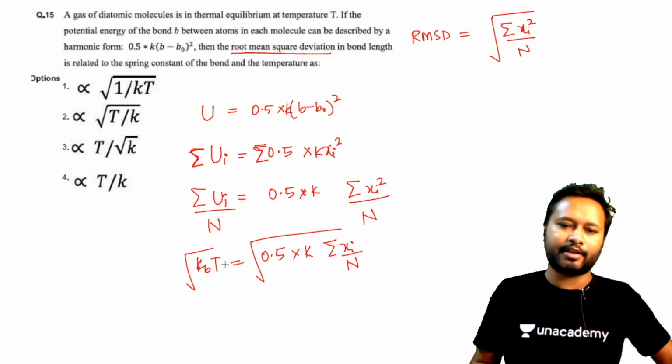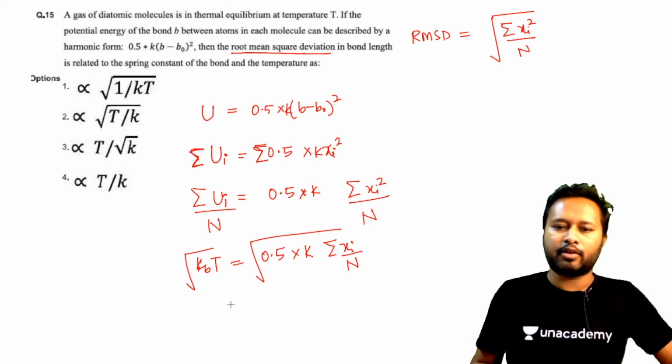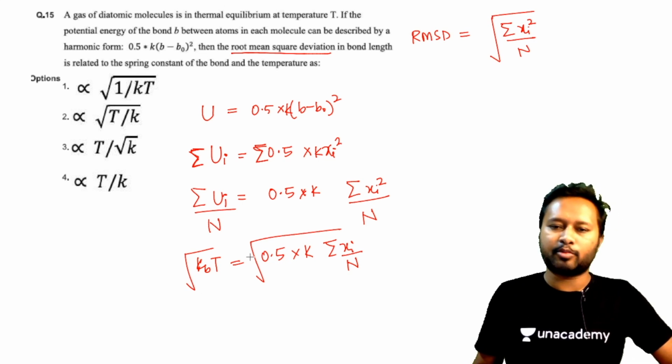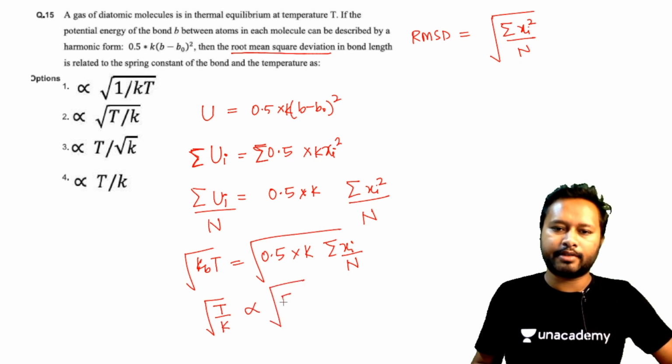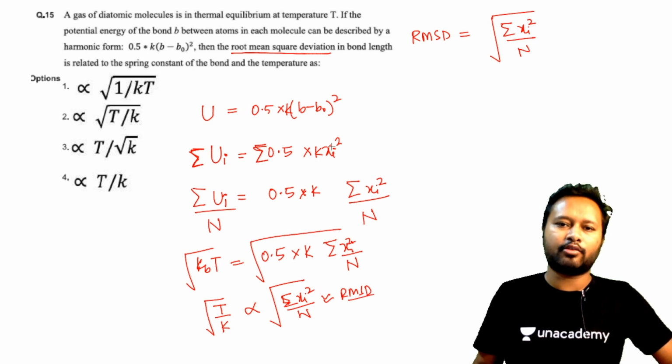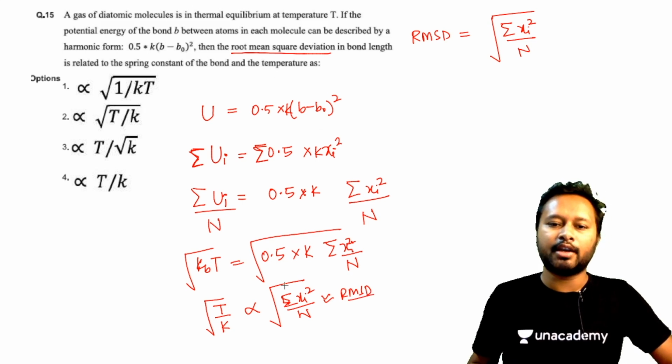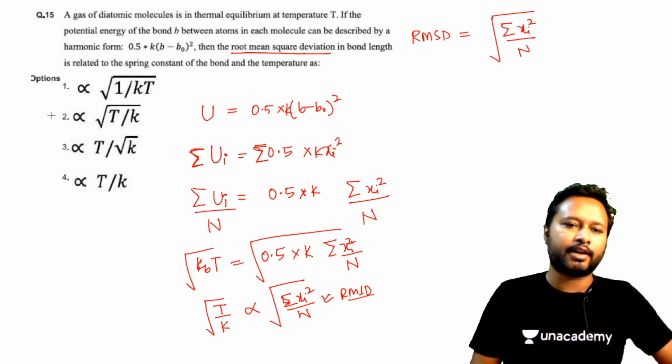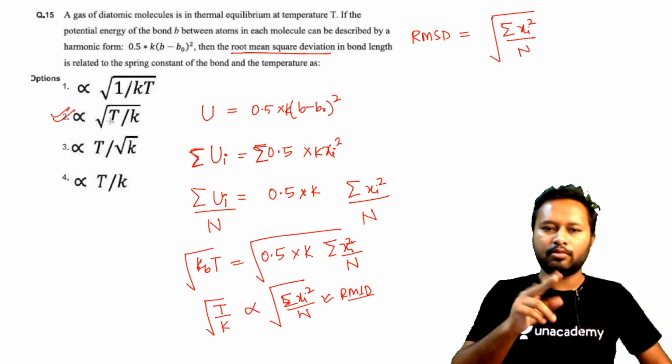I can take this K to the other side. kB is the Boltzmann constant and 0.5 is a constant, so if I keep everything aside, I will just get the square root of T by K, and this is proportional to the square root of sigma xi square by n, which is basically RMSD. So the root mean square deviation of the bond length is related to the square root of T by K. That is option B, so option 2 is the correct option.